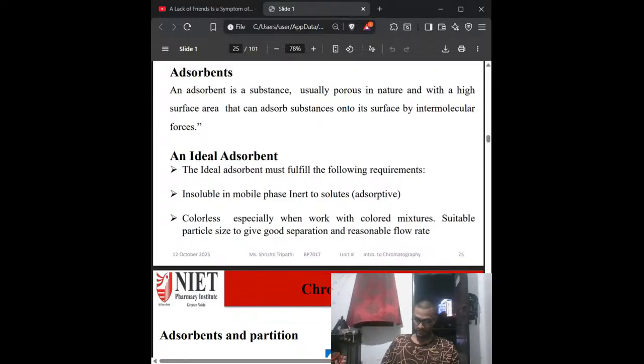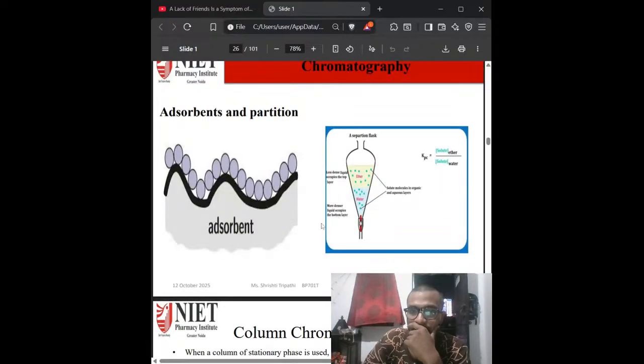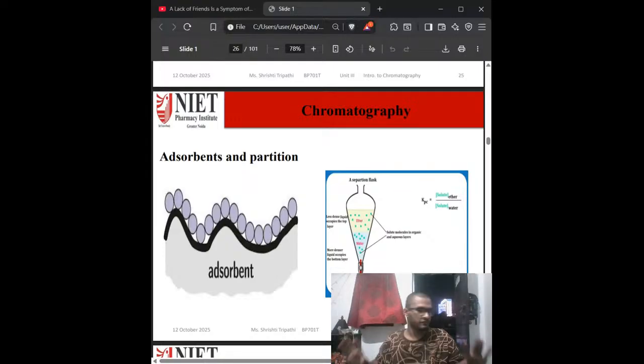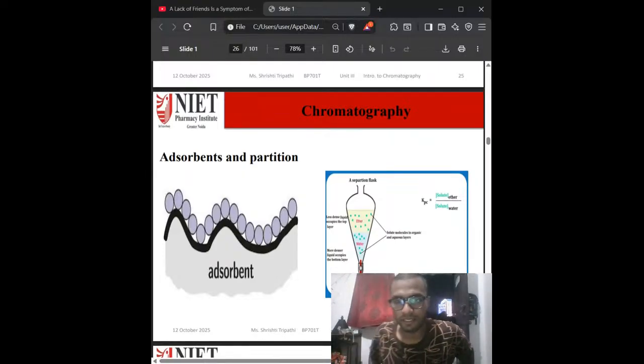It is insoluble, inert with the solute and inert in the mobile phase, and should be inert in nature. Then chromatography, adsorbent, separation. We will move to the next topic after a break of 5 minutes.